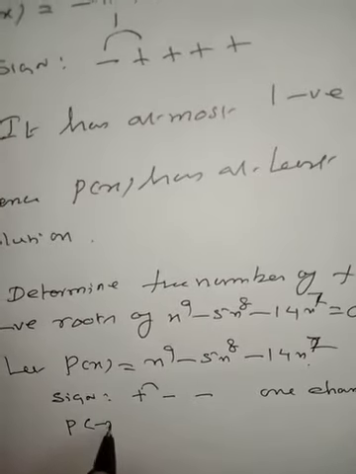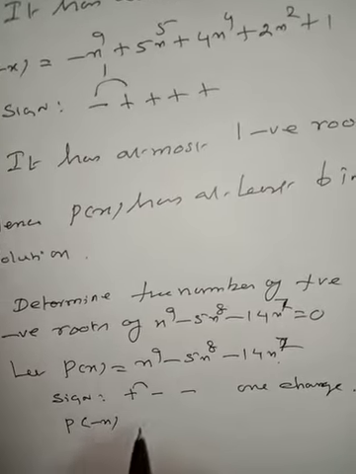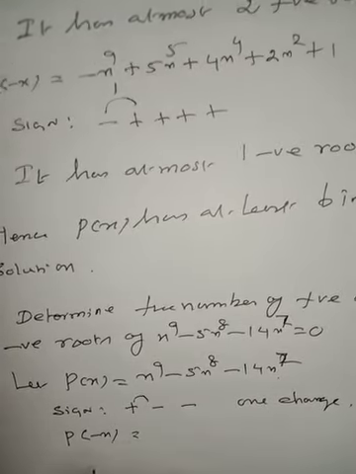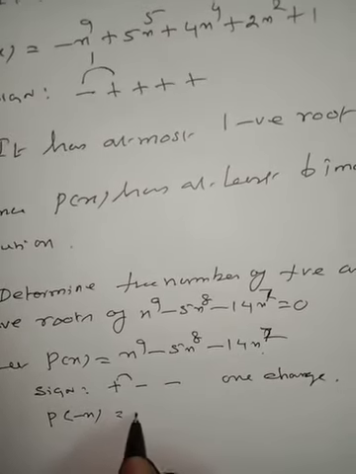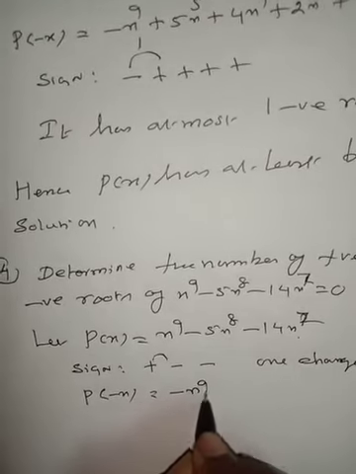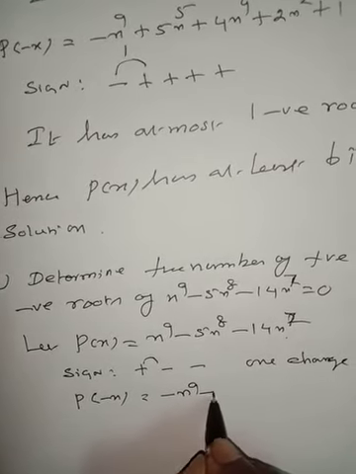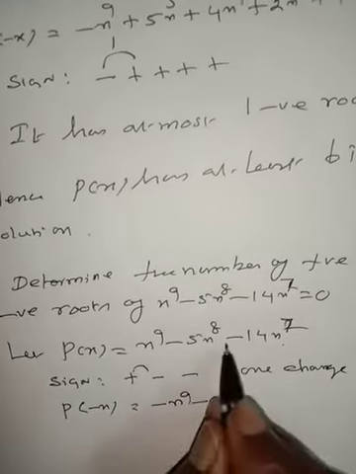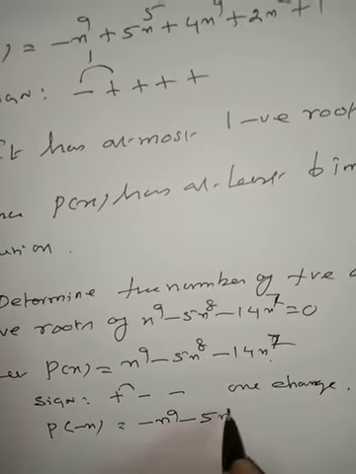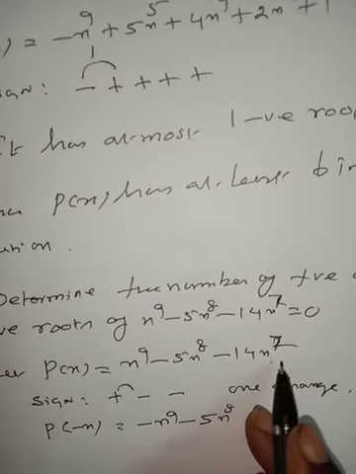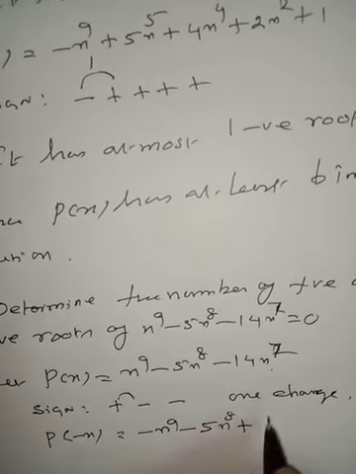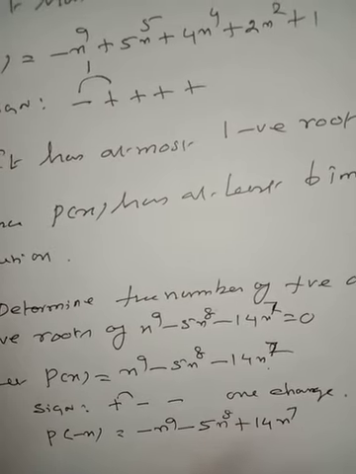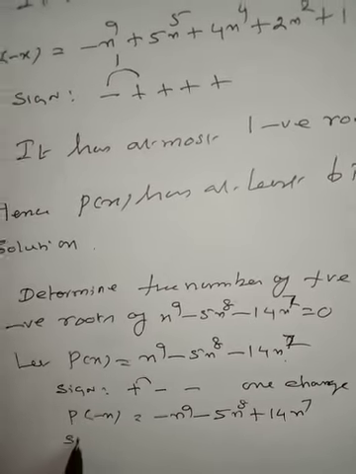P of minus x: first minus x power 9, next minus 5x power 8, next here positive 14x power 7.